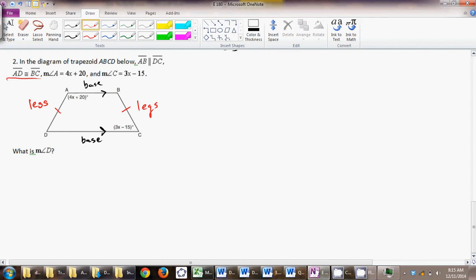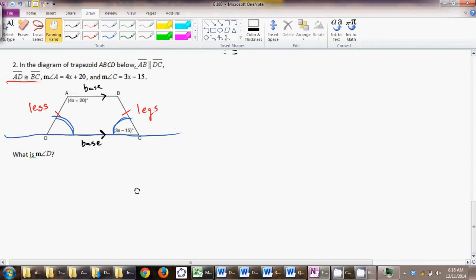So I know when I have an isosceles trapezoid, angles sitting on the same base are congruent, right? Because they're opposite those congruent sides. So this angle here is going to be the same as this angle there. Okay?